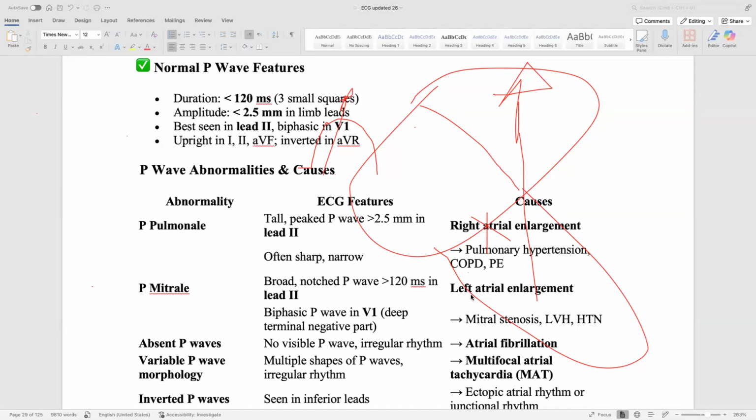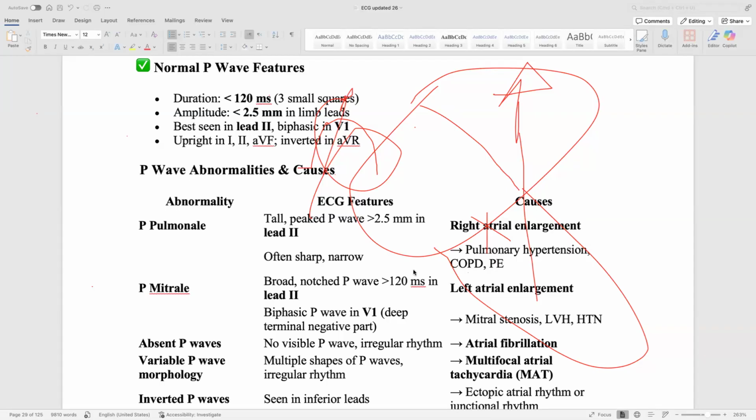And why is there high pressure in the pulmonary artery? Because the lung is stiff. And why is the lung stiff? Because the patient has COPD, or there is a block in the artery, pulmonary embolism. See, localization. From a small graph, you reach a diagnosis of pulmonary hypertension, pulmonary embolism, COPD.